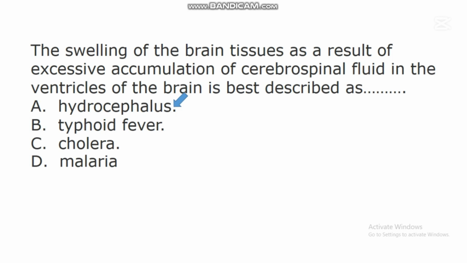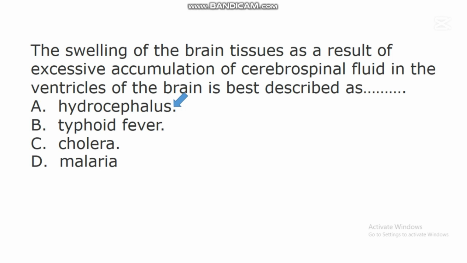Hydrocephalus is the swelling of the brain tissues due to excessive accumulation of cerebrospinal fluid in the ventricles of the brain. Research has shown that the arachnoid villi absorb the cerebrospinal fluid in order to keep its balance in the body system.